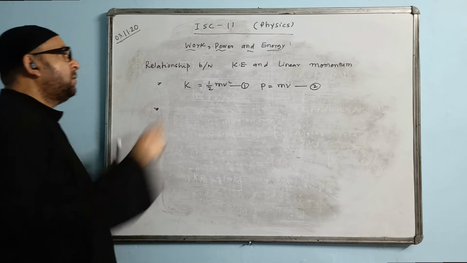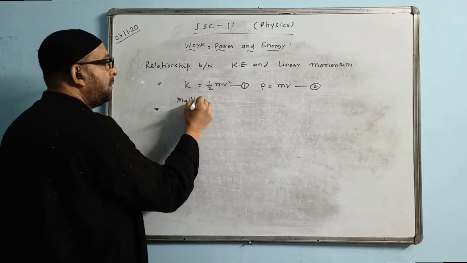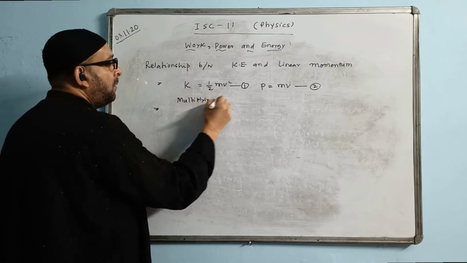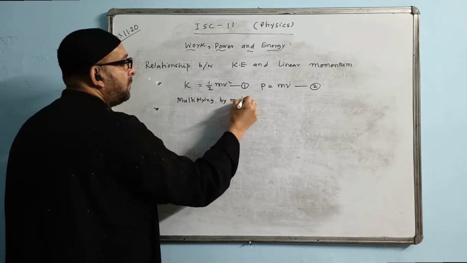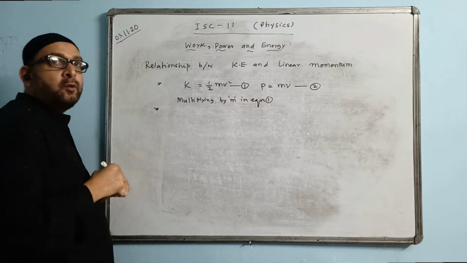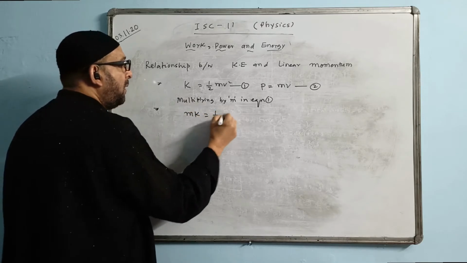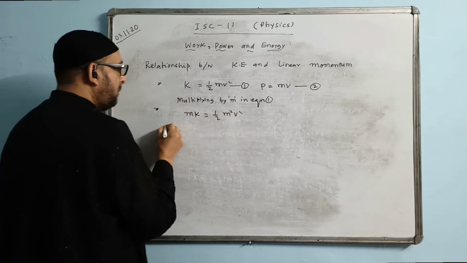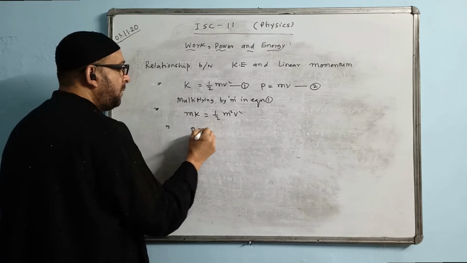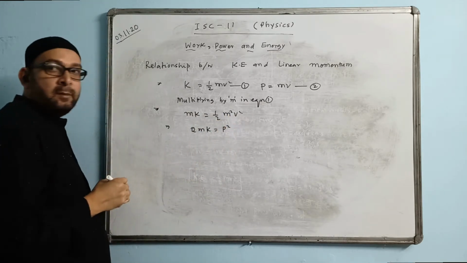We multiply both sides of equation 1 by m. This becomes mK equals half m square v square. We cross multiply: 2mK equals m square v square, which is the value of p square.